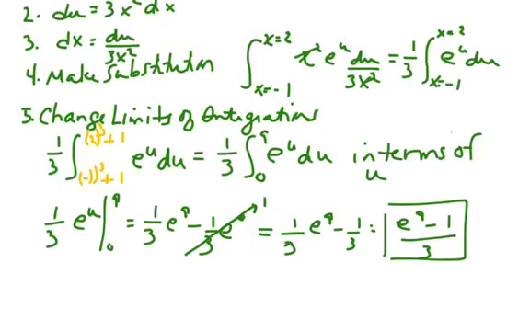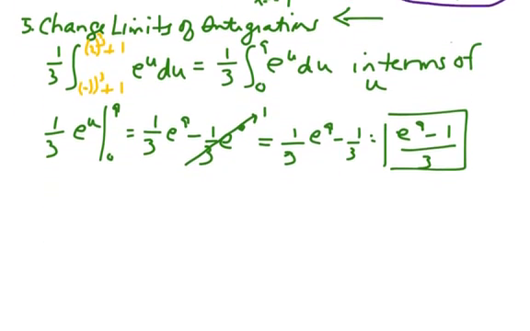So that's the first approach. The other approach you could have taken is right here where we actually change the limits of integration. What you could have done instead was to continue evaluating this in terms of u, but then back substituting for u in terms of x. So we're going to try that approach.